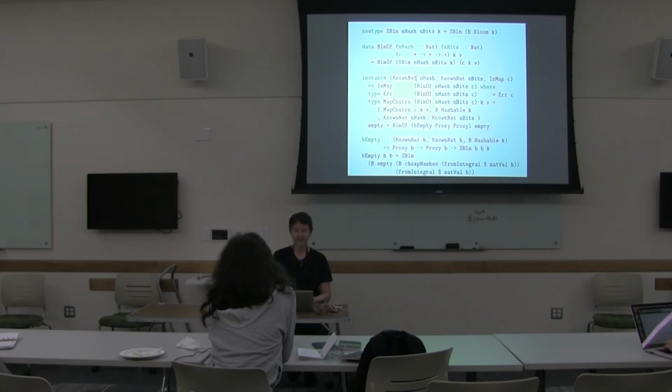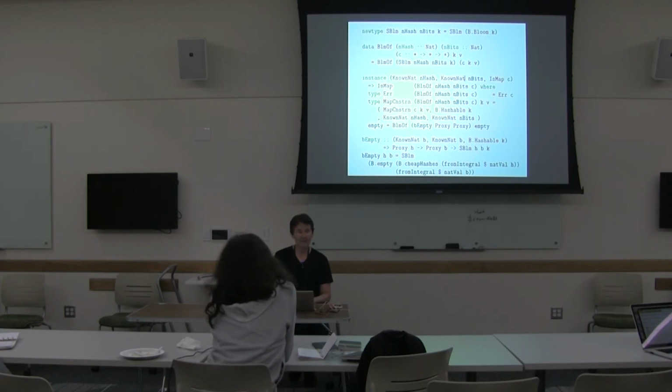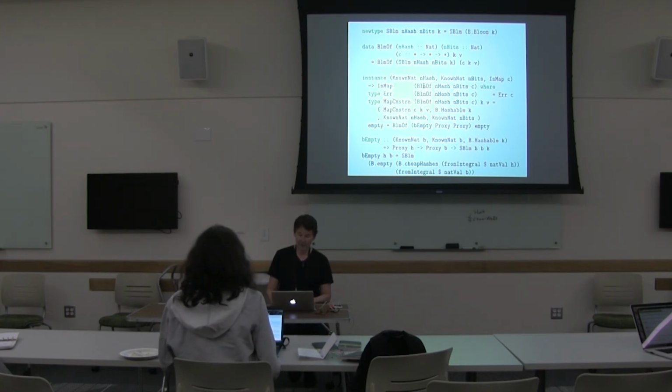So this instance now says that if N hash is a KnownNat, and that's just a way to tell GHC, in a certain sense, to get the GHC type inference and unification machinery to line everything up. So I have two KnownNats, the number of hashes and the number of bits, and the underlying C is a map. Then IsMap of BloomOf N hash, N bits, and C is this class.